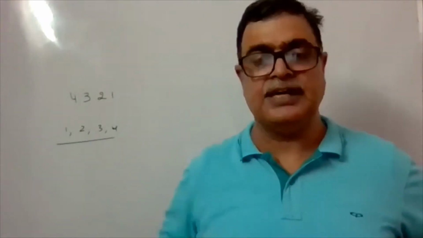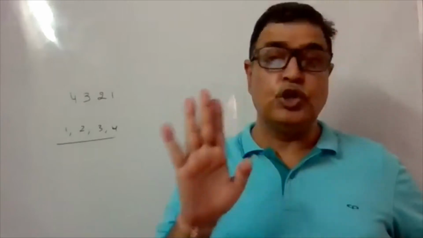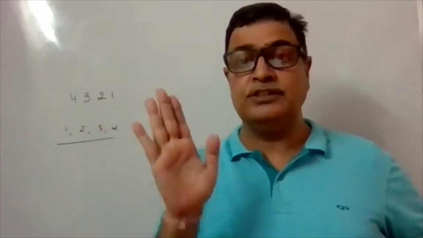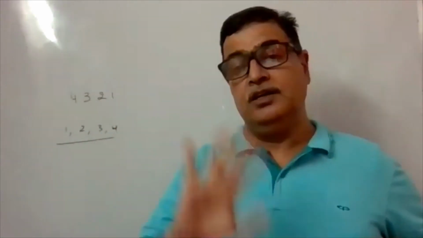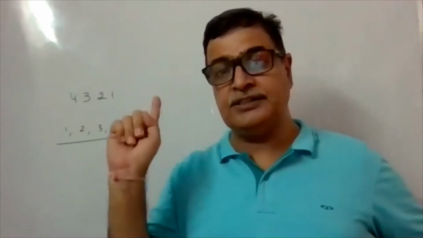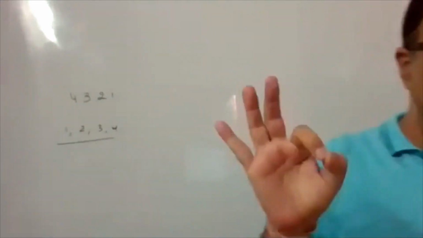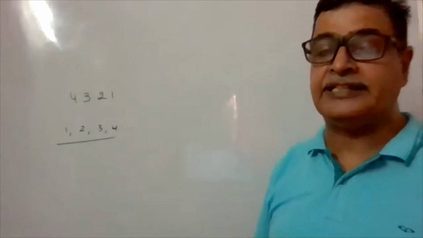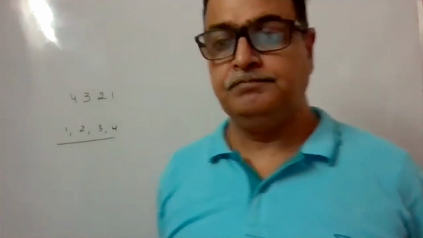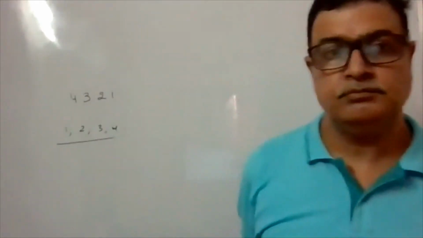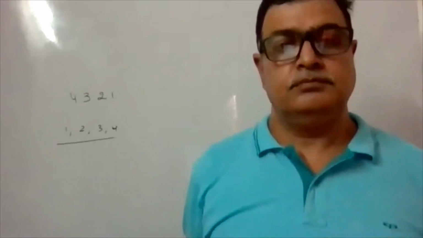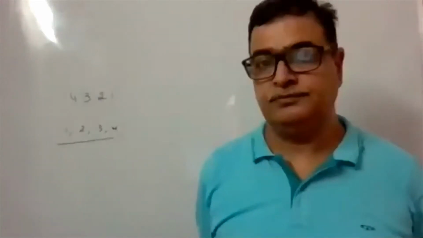Repetition of the digit is allowed, but the number should not exceed 4,321. 4 डिजिट का नंबर चाहिए और इससे बड़ा नहीं होना चाहिए. इसके इक्वल हो सकता है, but should not exceed this. So that is the question we have.